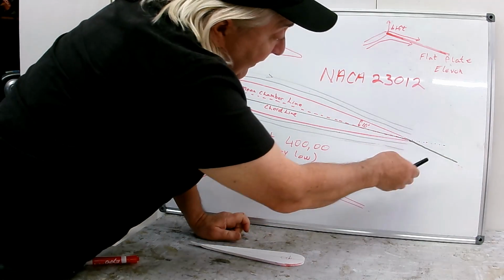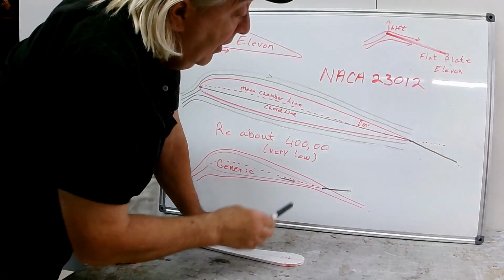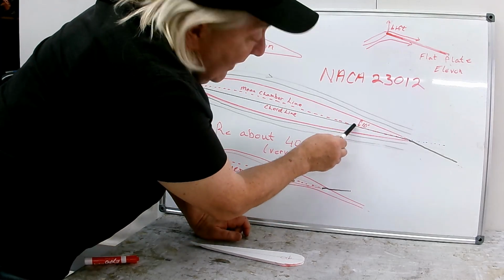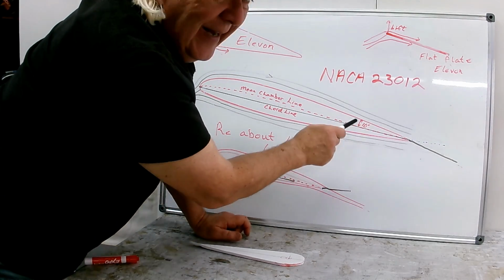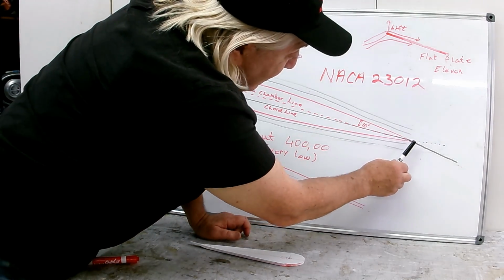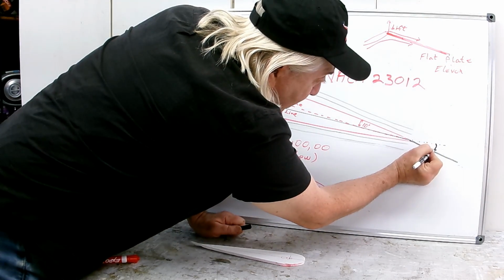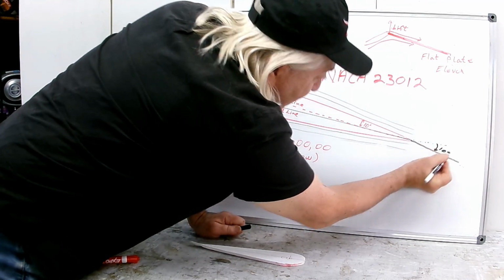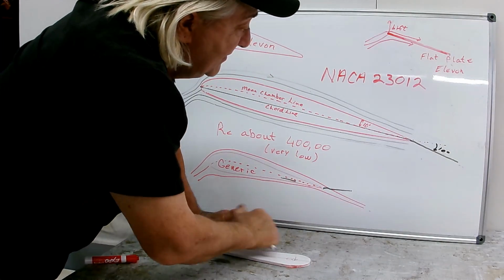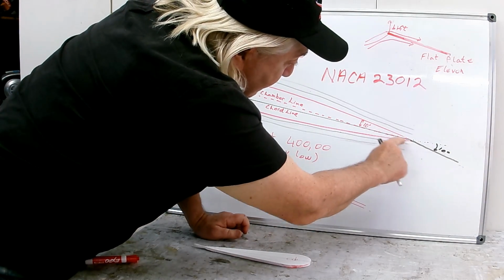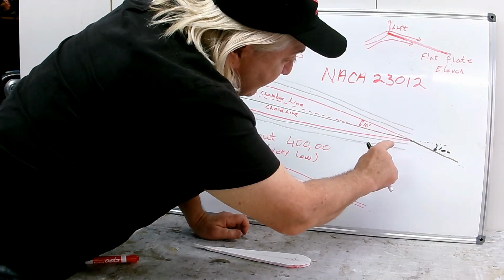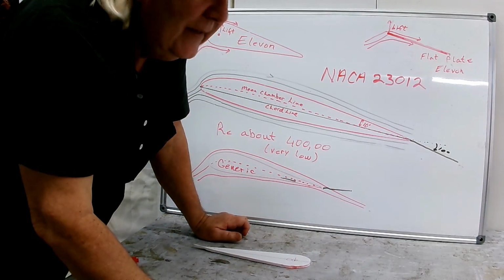So say we deflect it down this way. Well, because of this 10-degree angle that's here, kind of handy, you can go a whole 10 degrees and still be lined up with this upper surface. And that's kind of handy.